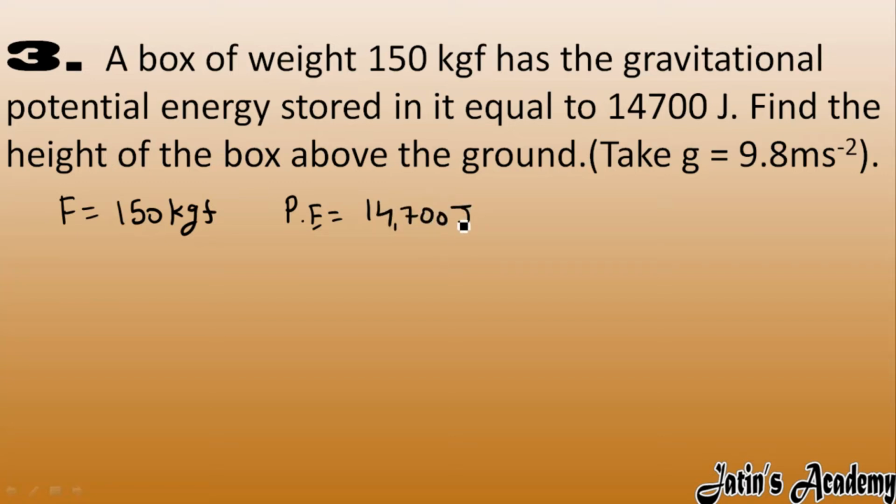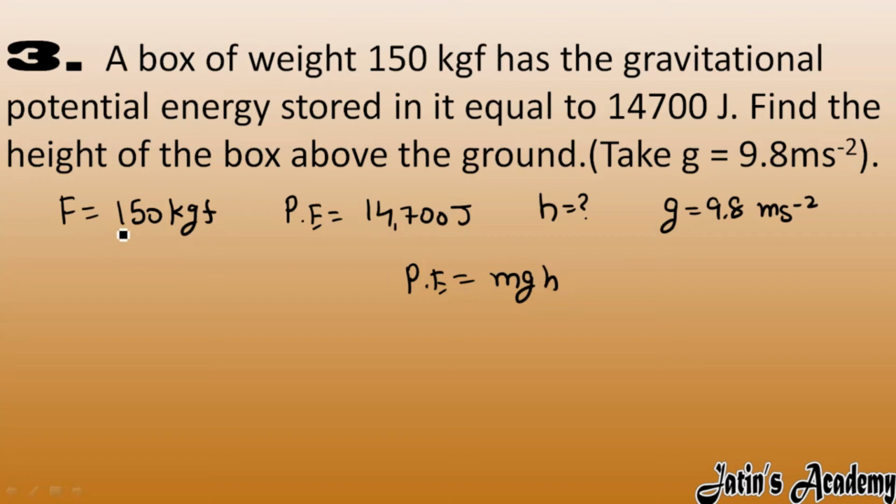We have to calculate the height, and g value is given as 9.8 meter per second square. Here again we will use the formula potential energy as mgh, but before that we have to convert this force into Newton, the SI unit.